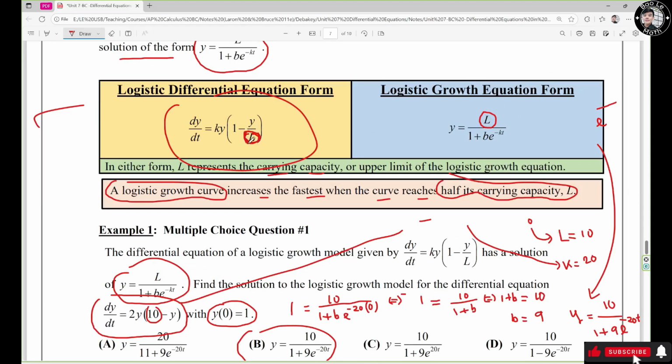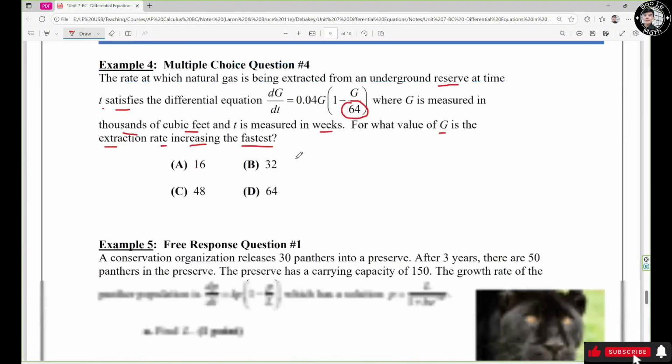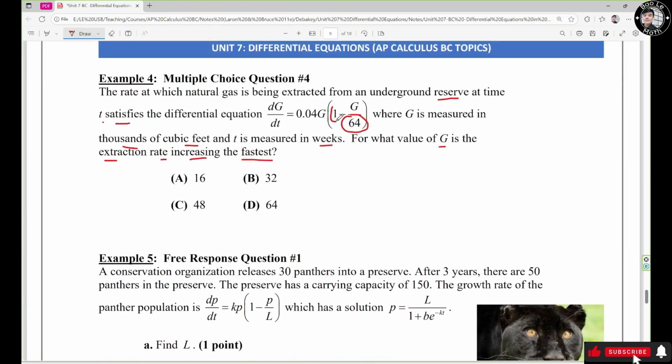Now before you use the formula, make sure you convert this one to this form, right? Make sure you have 1 right here. Right, so you observe that this one right here, you have 1 right here, so it's going to be exactly that form, right? So L equals 64. You're going to take L divided by 2.